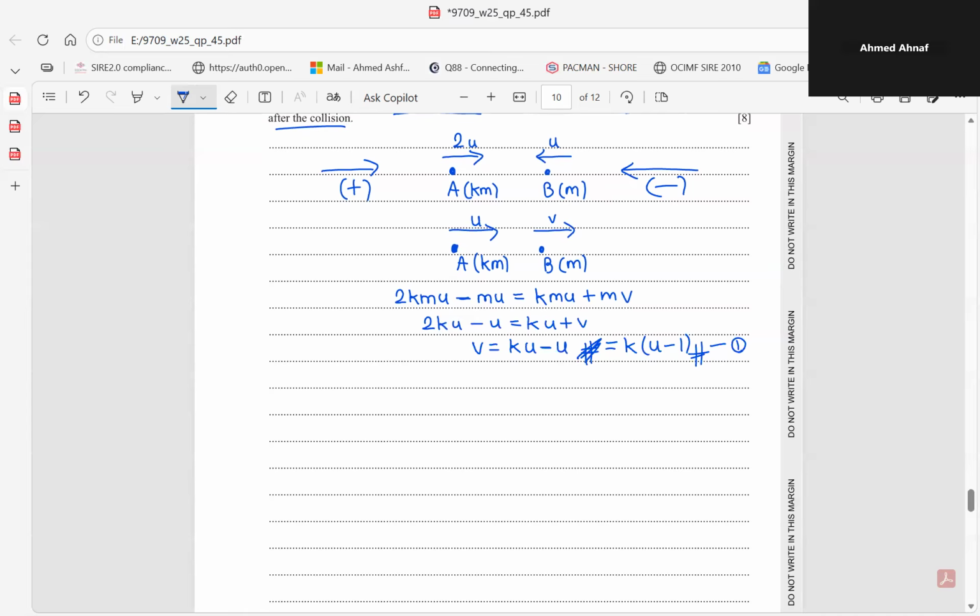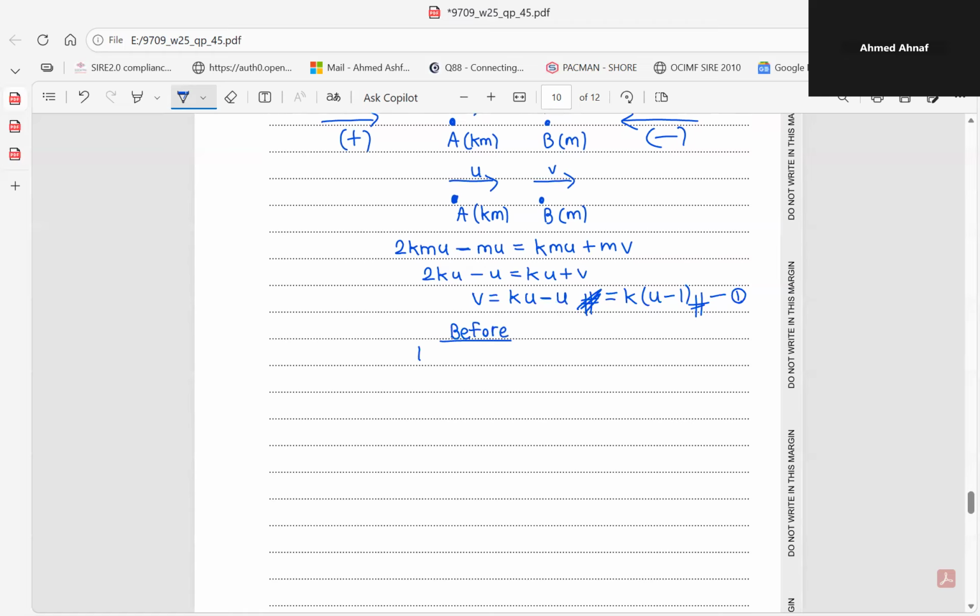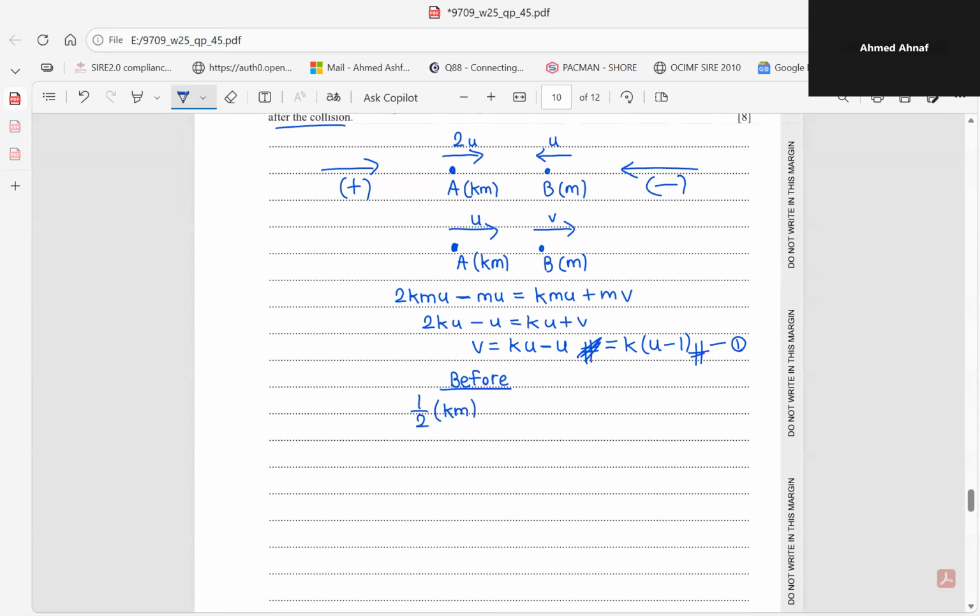To do that, we need to find the total KE before and after the collision. So let's find for before first. KE is just half times m, which is km, and then v squared, which is the 2u squared, plus half mu squared for B. So this is just going to be k over 2 m times 4u squared plus half mu squared.